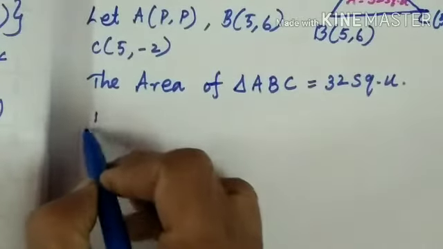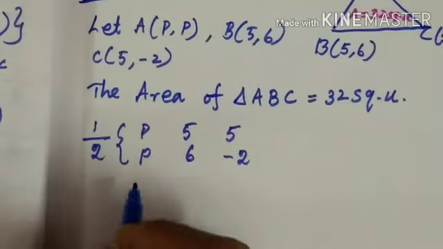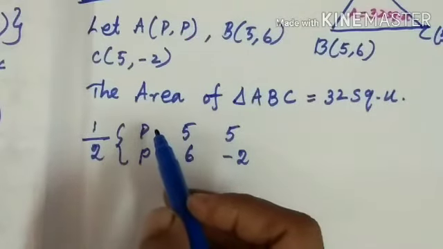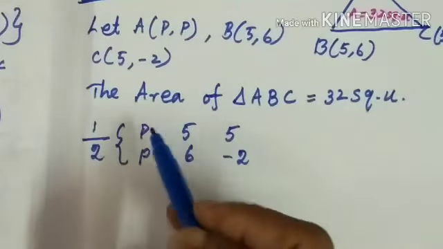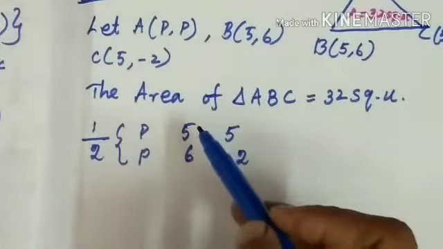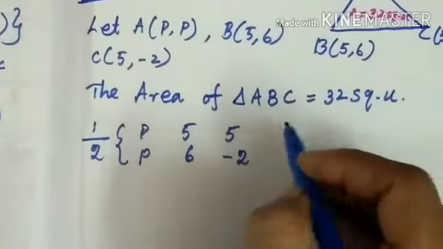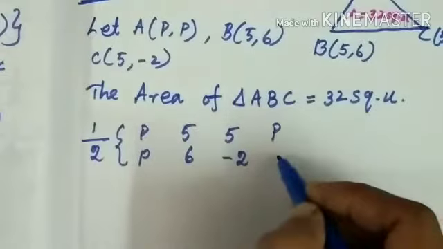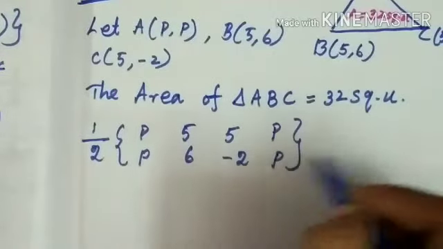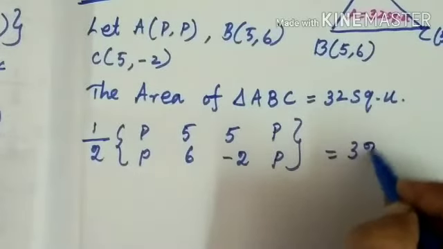Write the formula column-wise. Half into the determinant with P, P; 5, 6; 5, -2; and again you write the first point P, P, equal to 32.